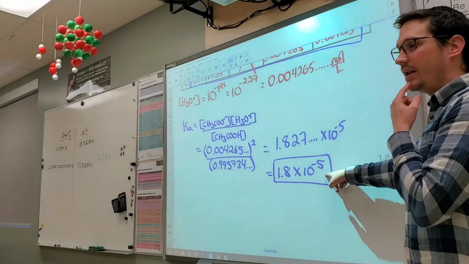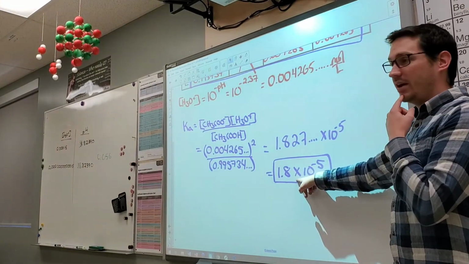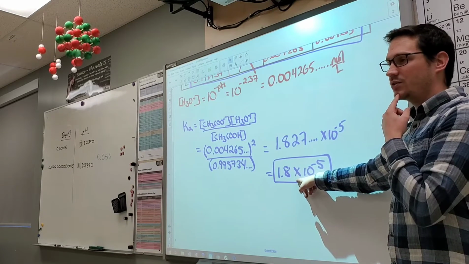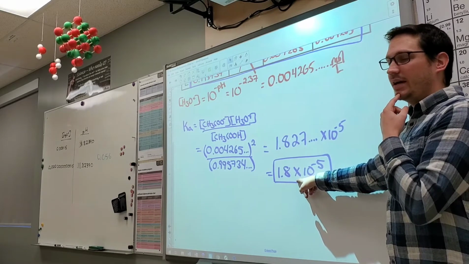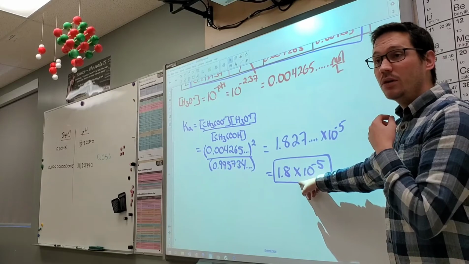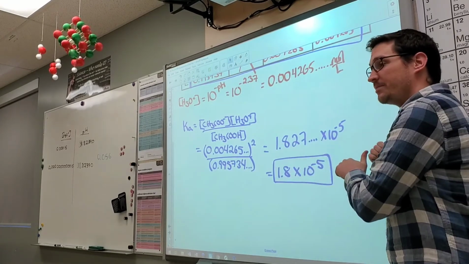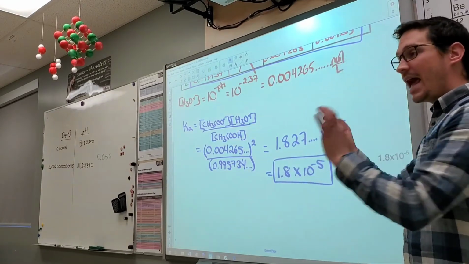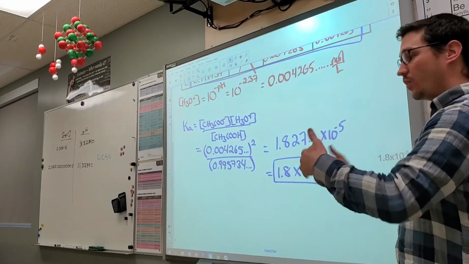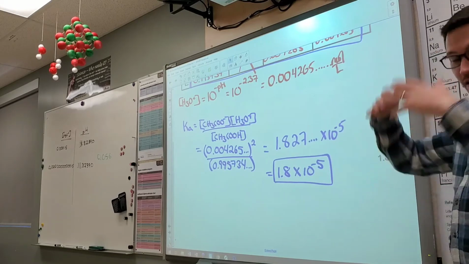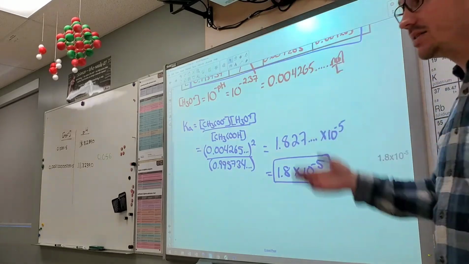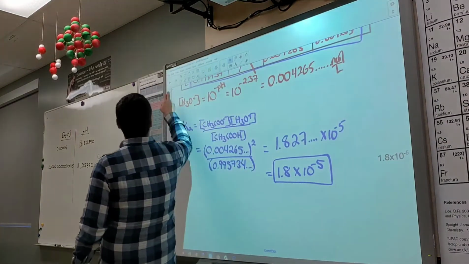This is not a very accurate representation of the actual Ka of this acid. It's the best we can do, okay? And this is going to show up a little bit later. This being an inaccurate representation is going to have consequences in maybe 10 minutes.